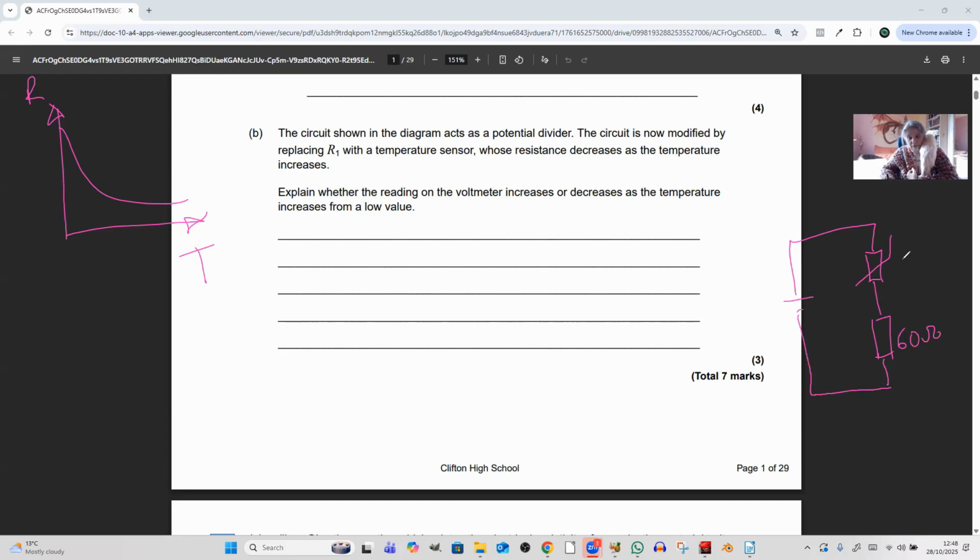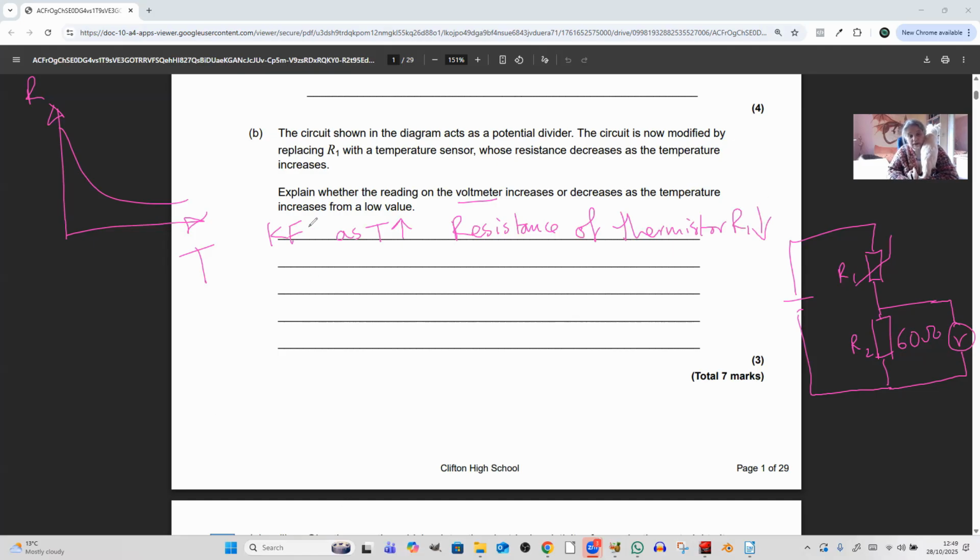Now, can you see that if I want to do the potential across the 60 ohm resistor, which is what they want us to tell them about, because that's where the voltmeter is in the circuit, I could say, right, if I call this R2 and this R1, my key fact is still that as the temperature goes up, the resistance of the thermistor R1 goes down.